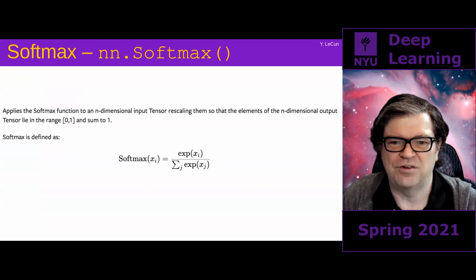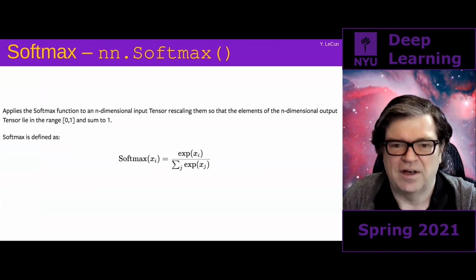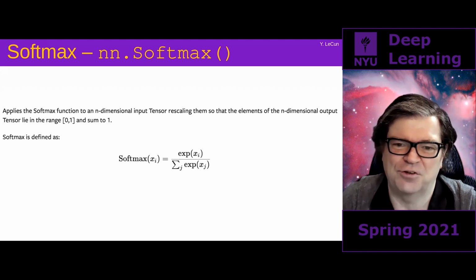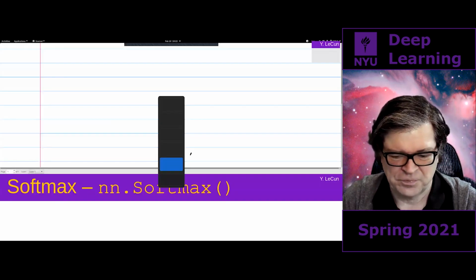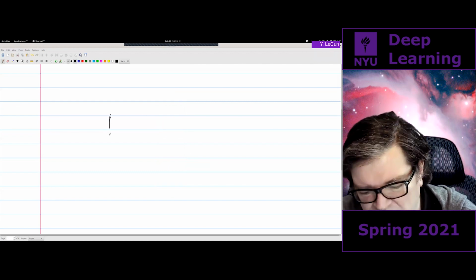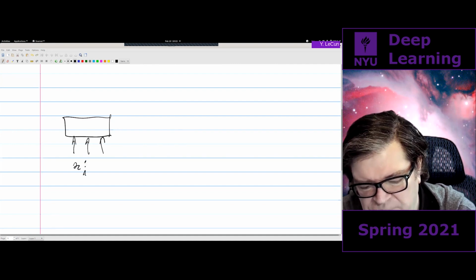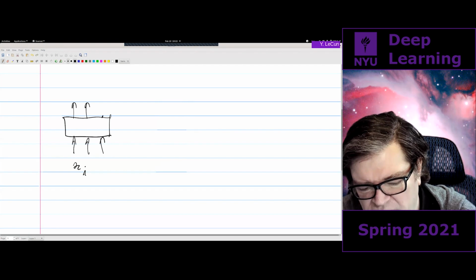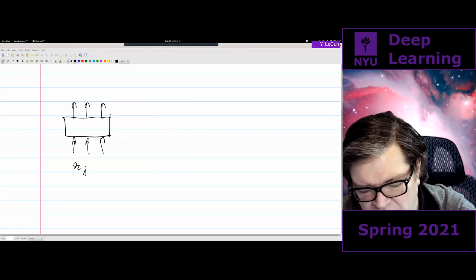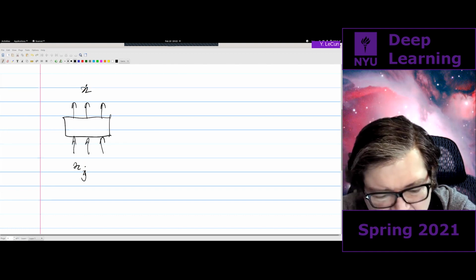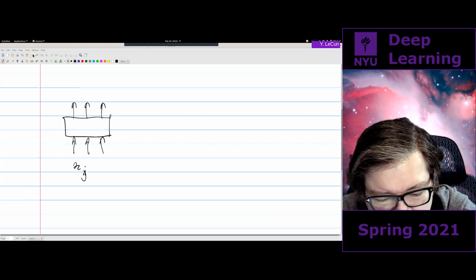Okay, so softmax is this thing. It's a module that has n inputs and n outputs, and it computes the exponential of each input and then normalizes them by the sum of the exponentials of all the inputs. Let's say we have 3 inputs, the xj's, and these are the outputs, the z's.